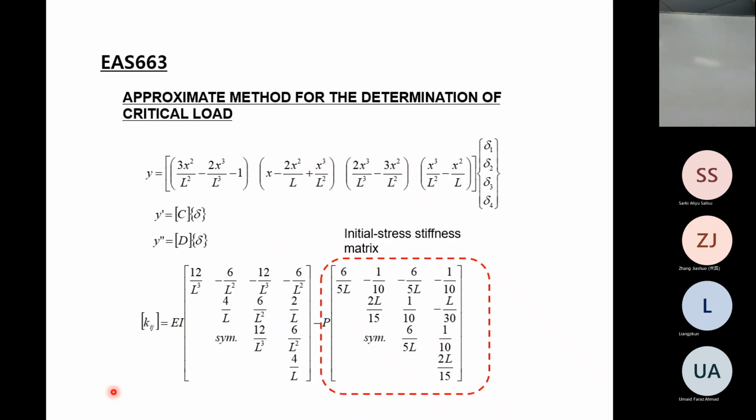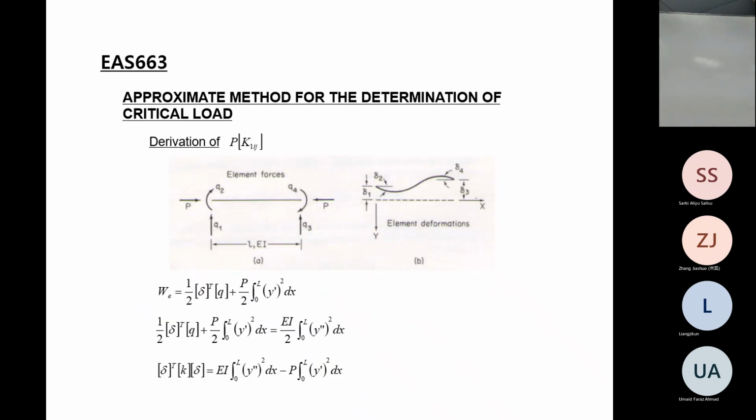So these are the steps that we have to go through, meaning that we have to represent Y. What is Y? Y is this deformed shape. What is the function representing this? We assume this function to be a cubic function.